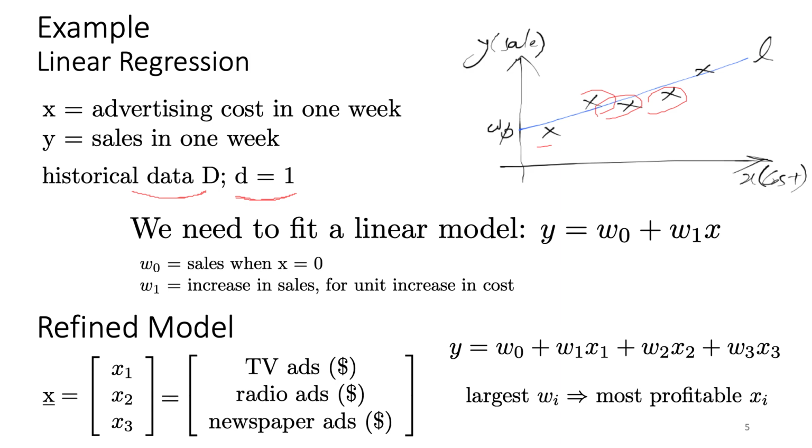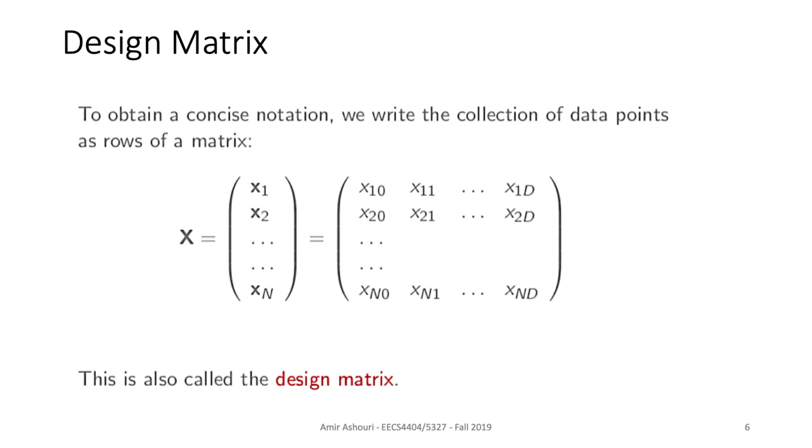All right. Now let's have a more formalized way to design your problem. So to obtain a better and more concise notation, we're going to write the collection of data points as rows of a matrix. So the matrix X, which we can show like this, contains all the features we have, right?